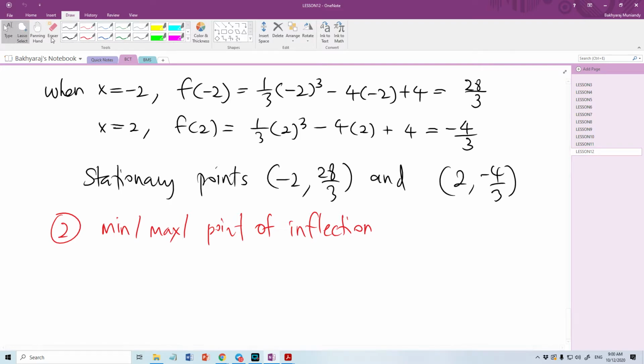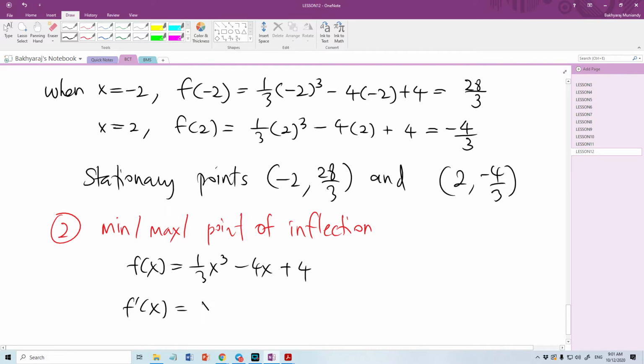So what you need to do is get the second order. Once you get the function f, 1/3 x power of 3 minus 4x plus 4, the first order just now is x square minus 4.